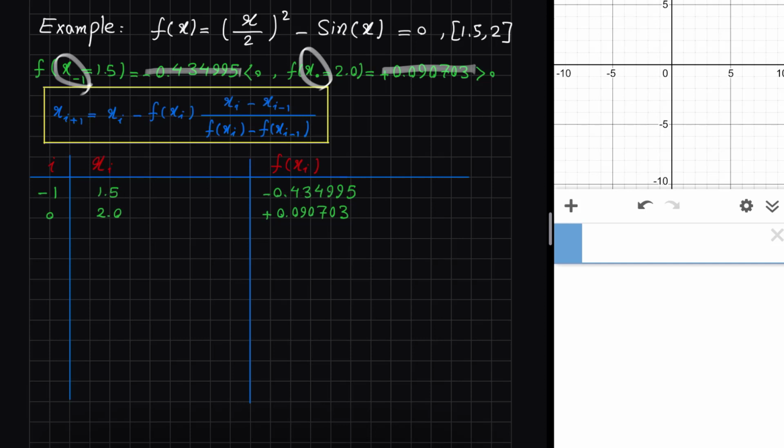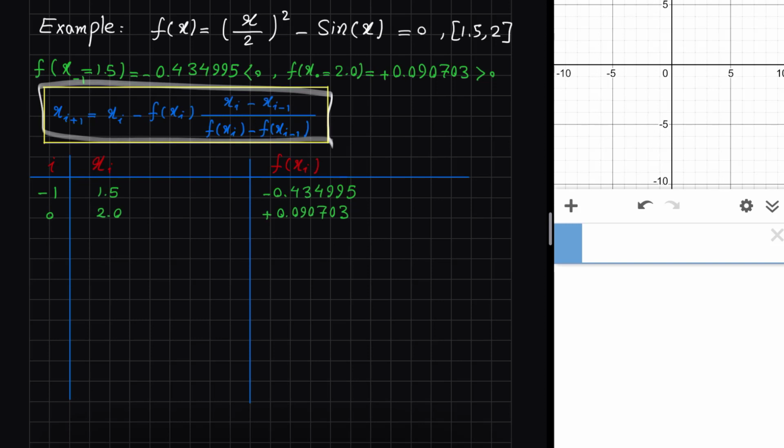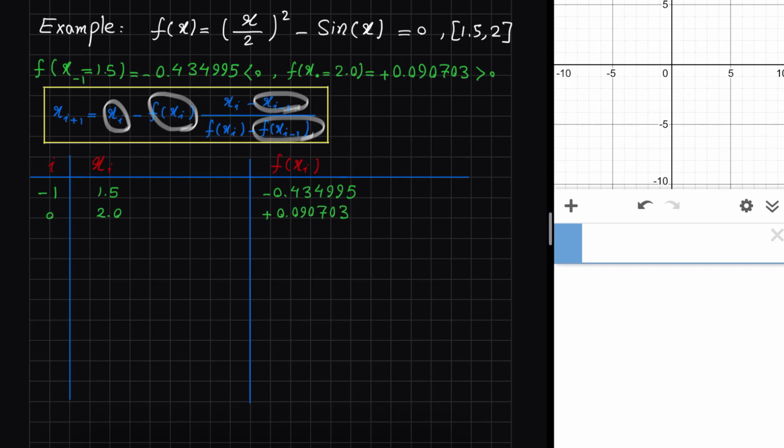Okay, we also use this equation, as we explained before, to obtain the new value of x for iteration i plus 1. As you notice, we need the value of x_i at iteration i, and also the corresponding value of f at x_i, and also the value of x_i at iteration i minus 1, and f(x) at iteration i minus 1.